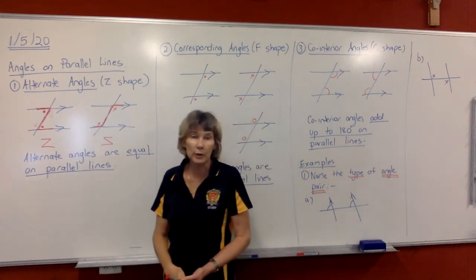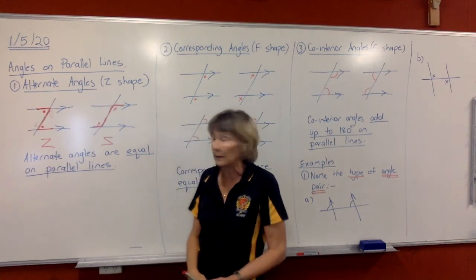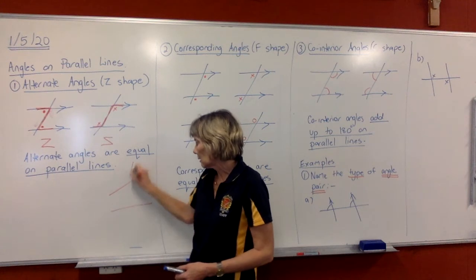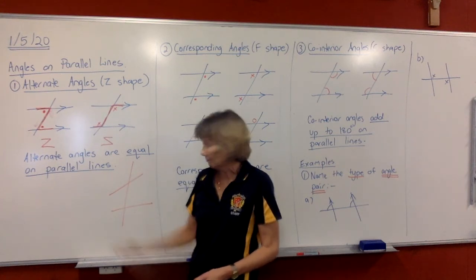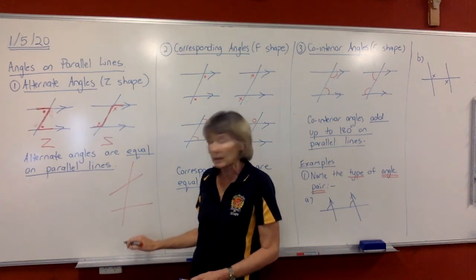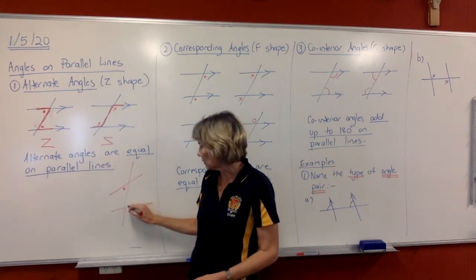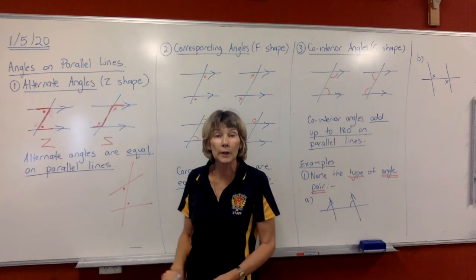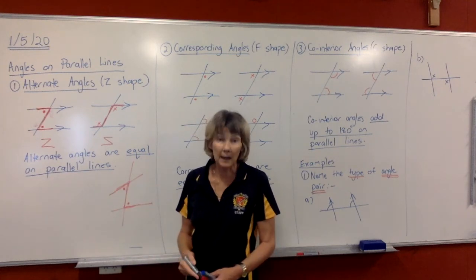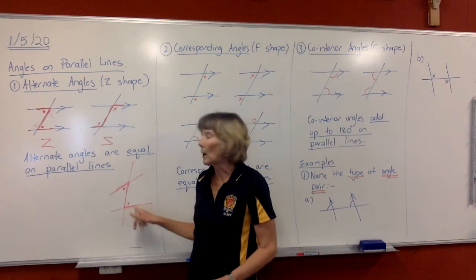You can have alternate angles without parallel lines. So I could draw two lines with a line crossing it. So we have two lines and a transversal, that's the name of the line crossing them. And we could still have alternate angles. They still form a Z shape, but there's nothing special happening with them.